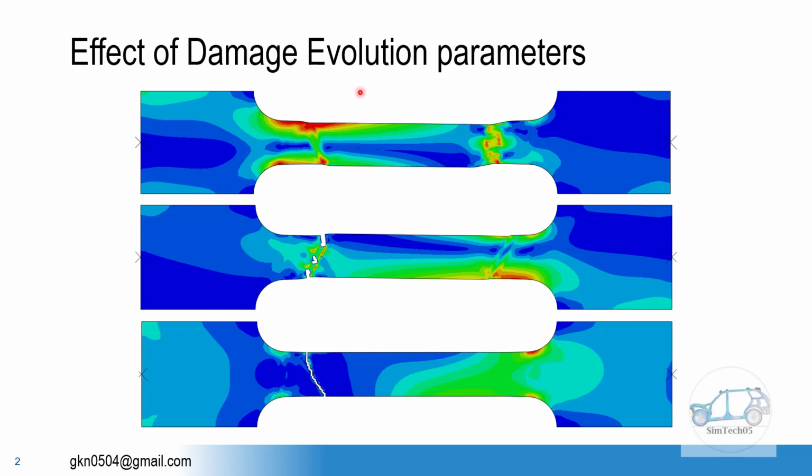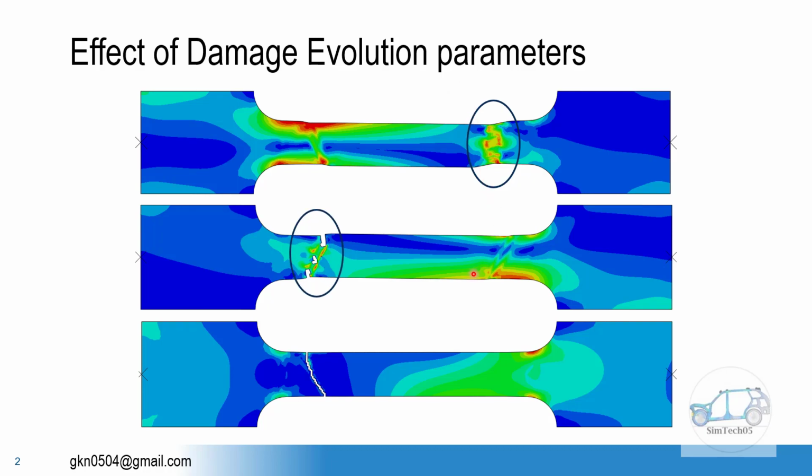As we can see in the first case, the same material and boundary conditions apply. In all three cases, the same material and boundary conditions are applied. But in this case, instead of damage from the particular location, it starts distorting randomly from these locations. As I mentioned, we have the same material parameter, the same boundary condition and the same meshing. Only the damage parameter differs.